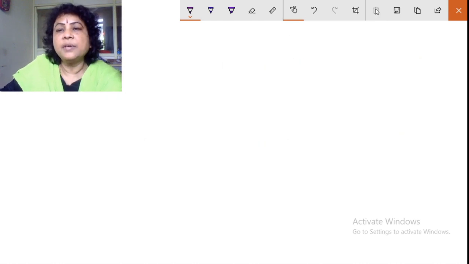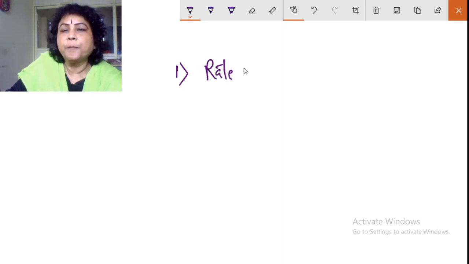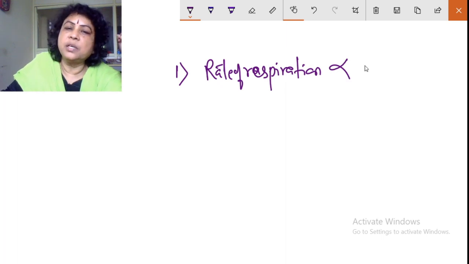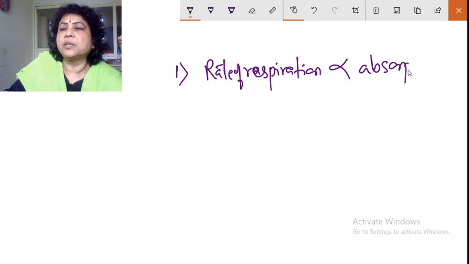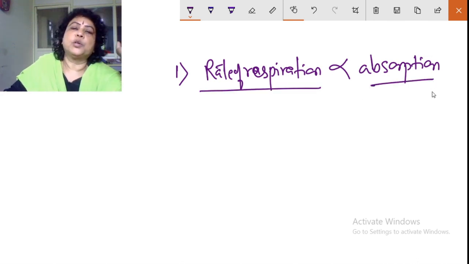So what are those evidences? The first evidence is that the rate of respiration is directly proportional to absorption. That means the more respiration, the more absorption.